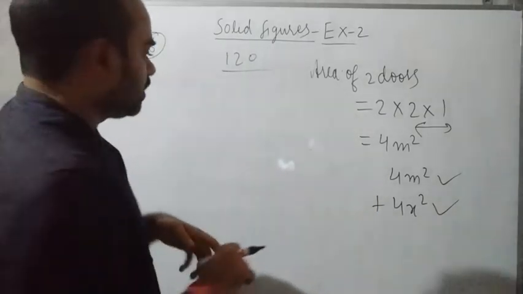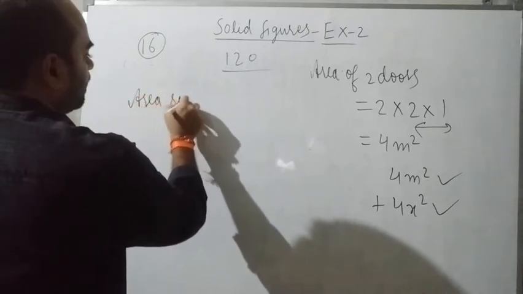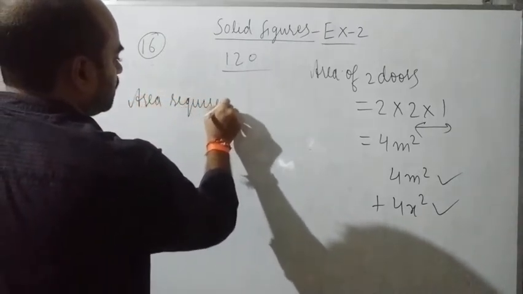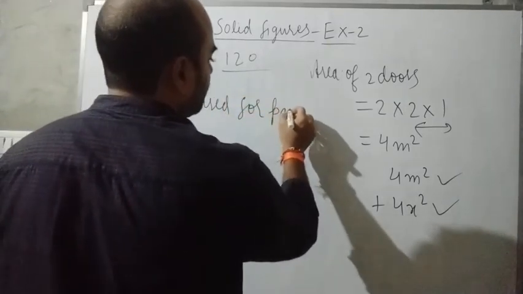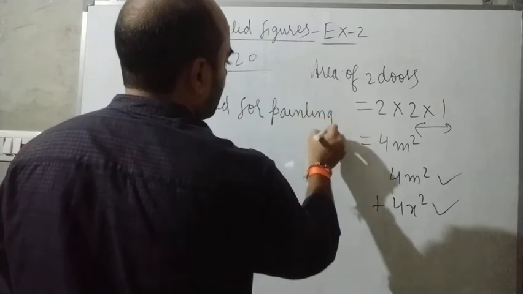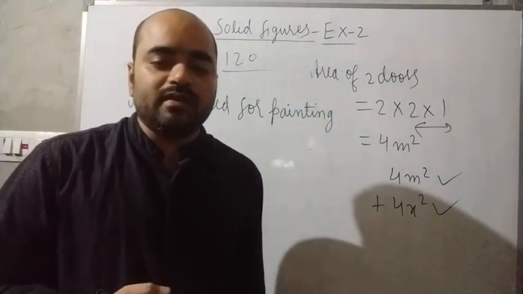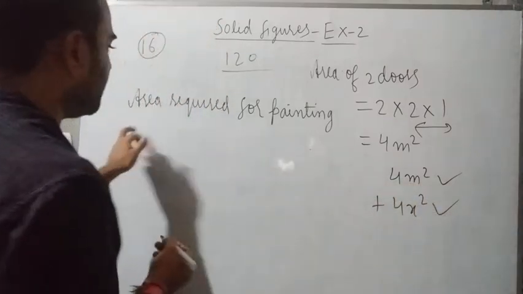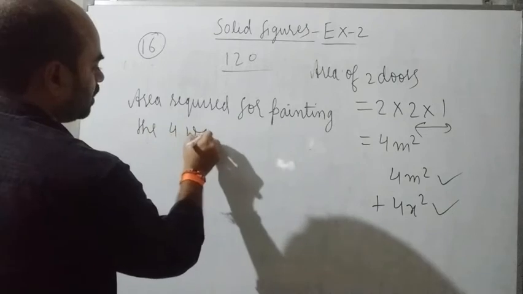Now we are calculating the actual area required for painting the 4 walls.